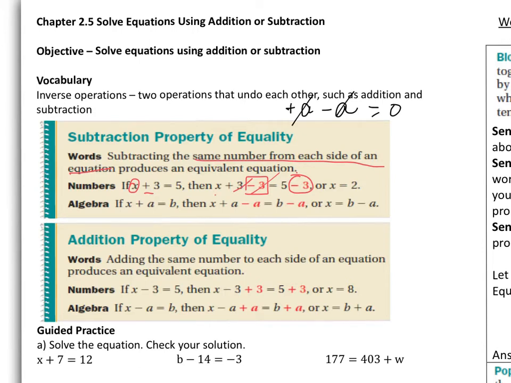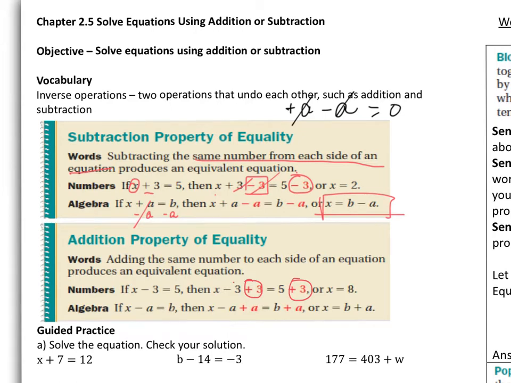So algebraically, I would be subtracting positive a from both sides. So then x would equal b minus a. The same thing would work for the addition property of equality. If x minus 3 equals 5, then x minus 3 plus 3 equals 5 plus 3, meaning we need to add positive 3 to both sides, which is the opposite of negative 3.